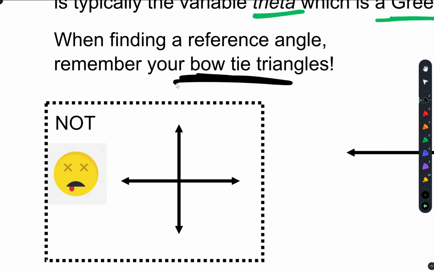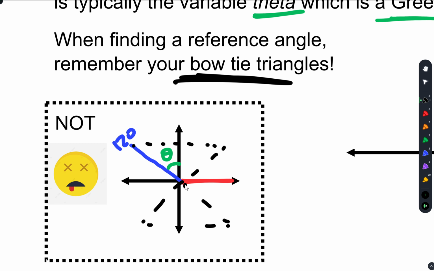What I don't want to see, and I'm going to draw that same exact example where I have this 120 degree angle here, I do not want to see your reference angle go in here. Again, that's going to the y-axis. And if I draw out a bow tie shape, or sorry, this is an hourglass. I don't want to see hourglasses. I want to see bow ties.